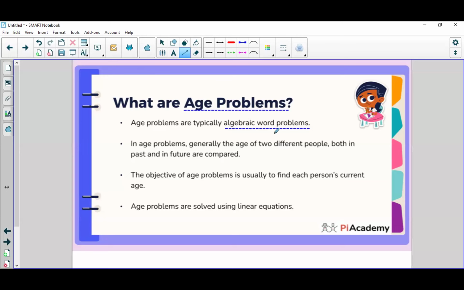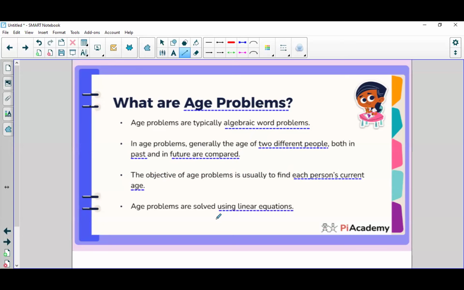Generally, the ages of two different people, both in the past and in the future, are compared. And the objective is mainly to find each person's current or present age. Also, age problems are solved using linear equations.